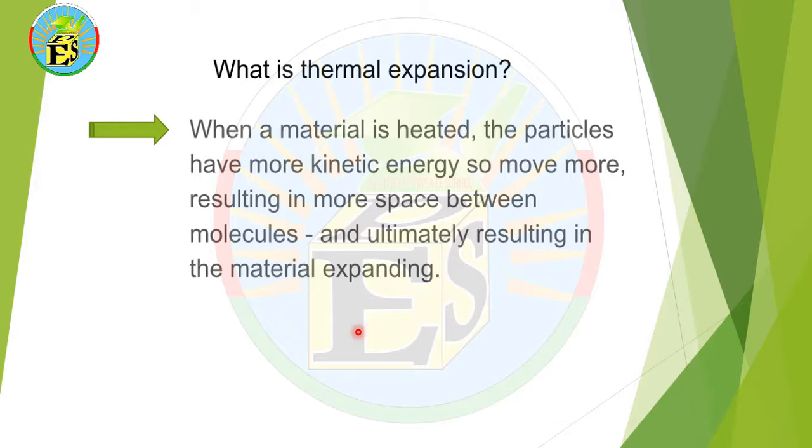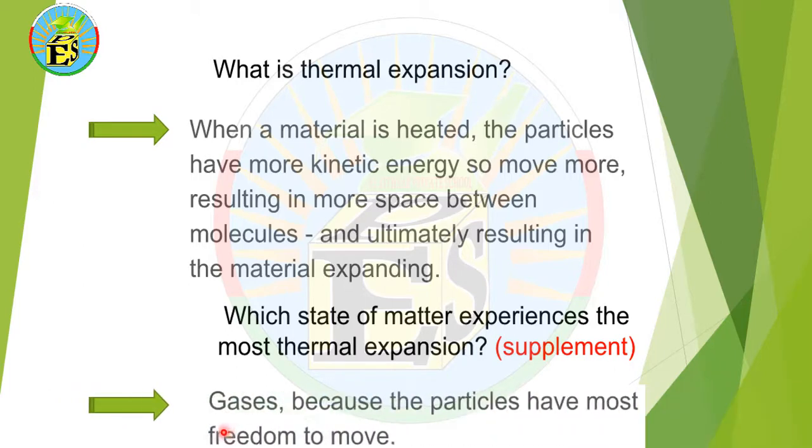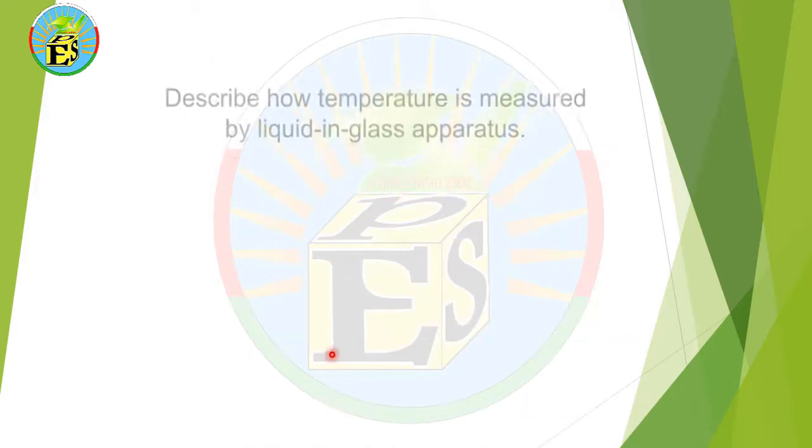But in the gas state the intermolecular force between particles is very weak compared with liquid, so particles can move freely. So we can predict which state of matter experiences the most thermal expansion. We start with gases because the particles have the most freedom to move.